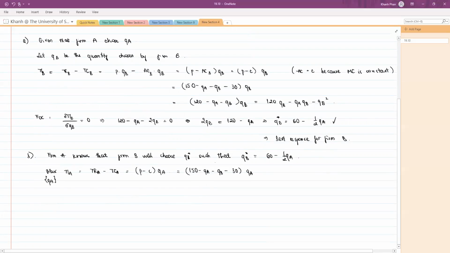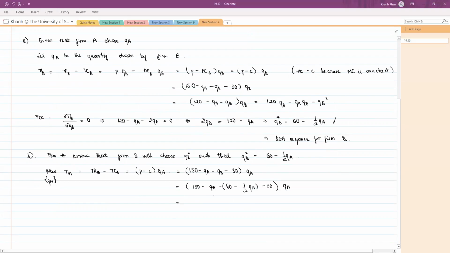Now, firm A knows that firm B is going to choose the quantity QB following this equation, so we will be able to substitute this into the profit function for the firm. So I get 150 minus QA minus QB, where QB is equal to 60 minus half of QA, and minus 30 times QA.